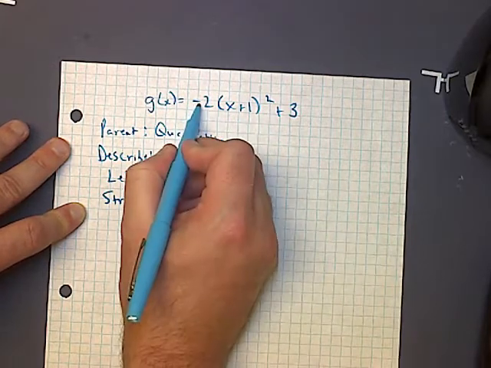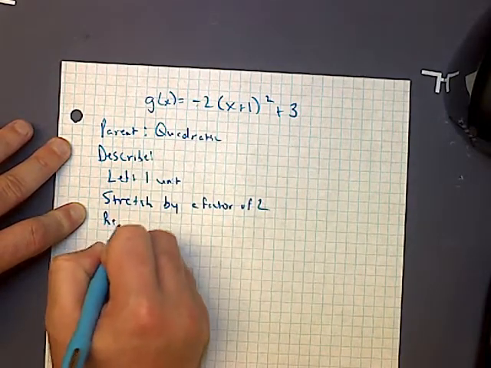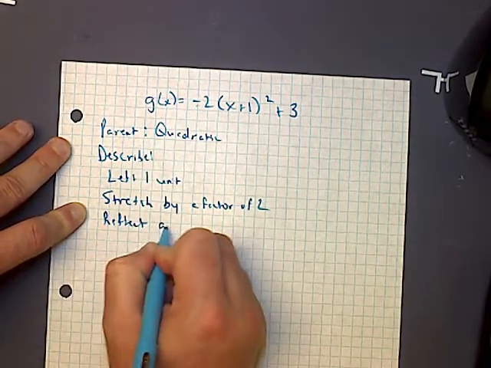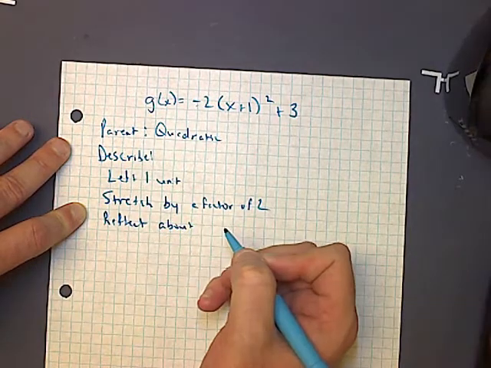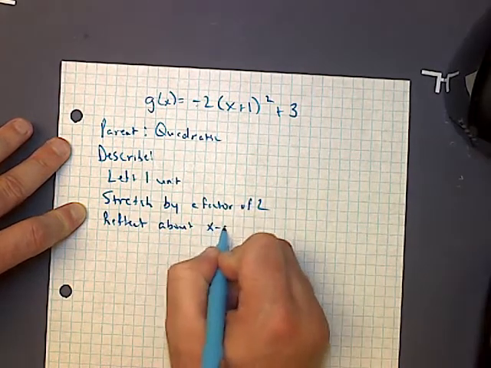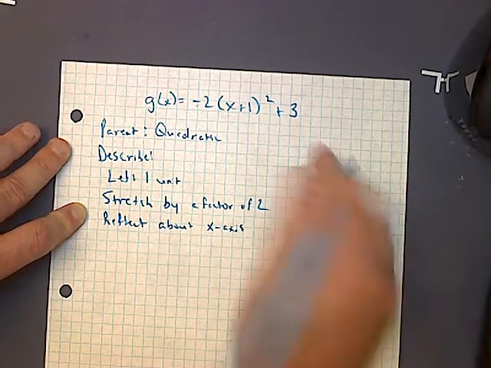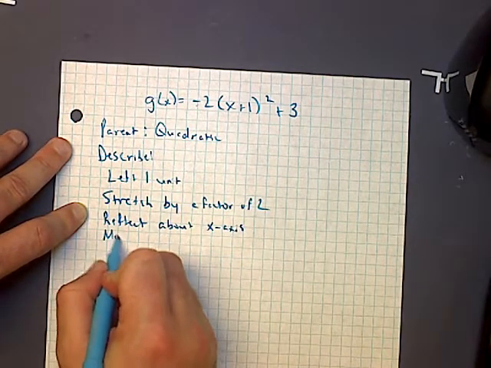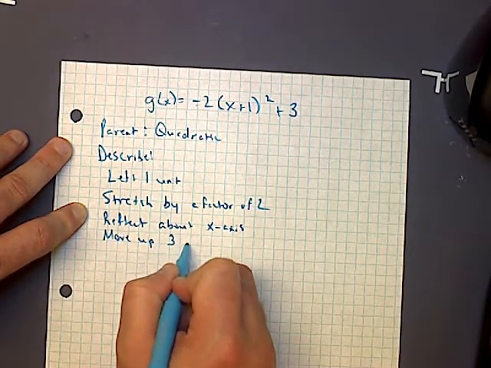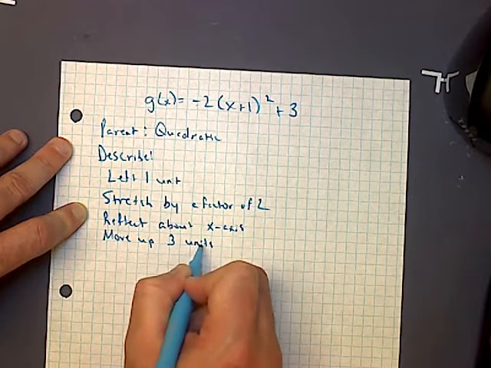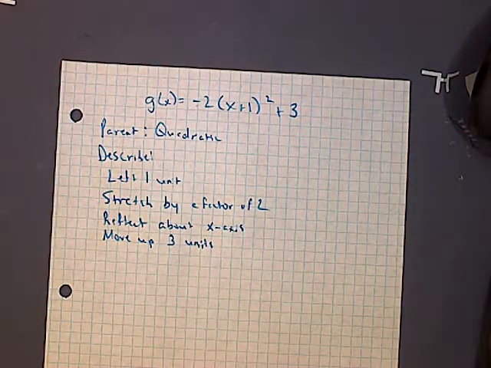There's a negative, so reflect about, when it's on the outside, what is it? It is the x-axis. And then finally, move up 3 units. That's the correct way to give the description.